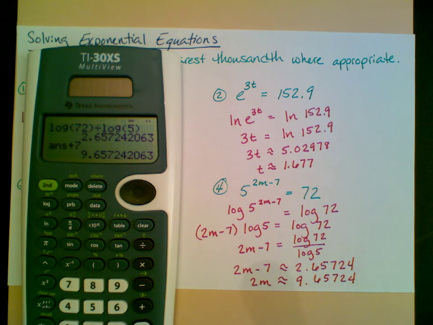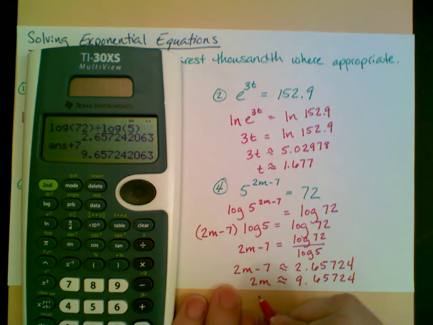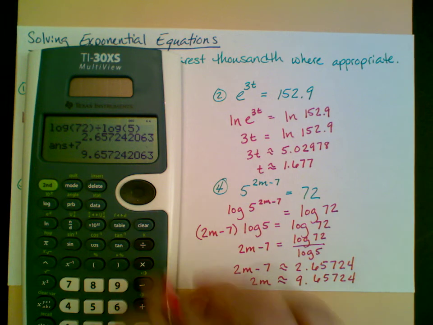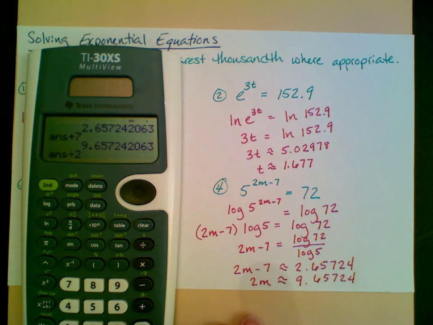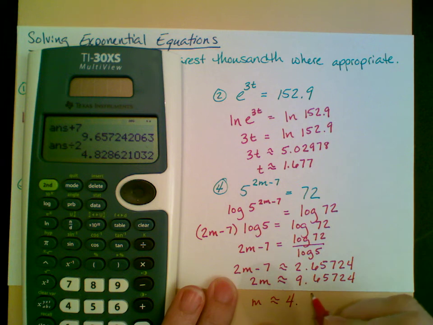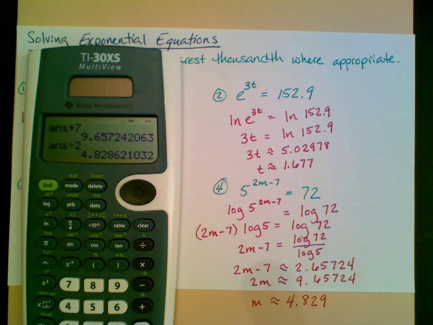And I'm running out of room on my sheet here. Well, I just write on the brown page. And I need to divide by 2. And so I get m is approximately equal to 4.829. And there is my final answer. That is what m is approximately equal to.